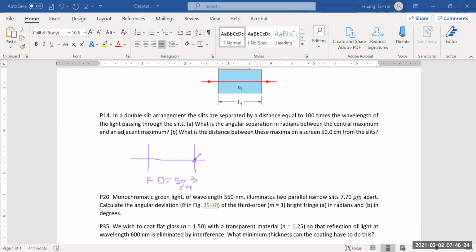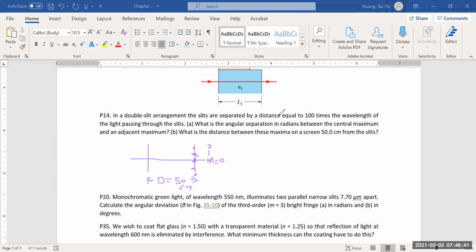So this will be the central maximum, and this is your first order, and the second order, symmetrical about the central maximum. So this is m equals 0, and this is 1 and 2 and so forth.